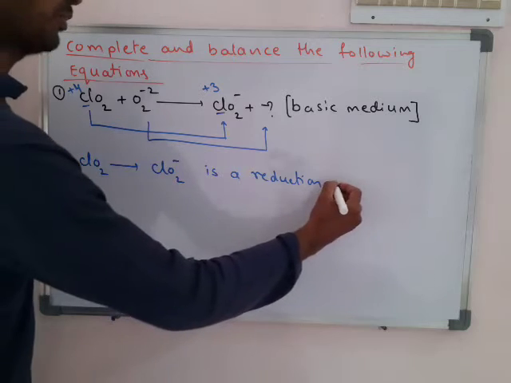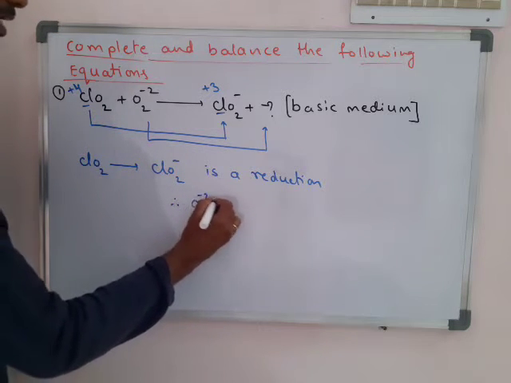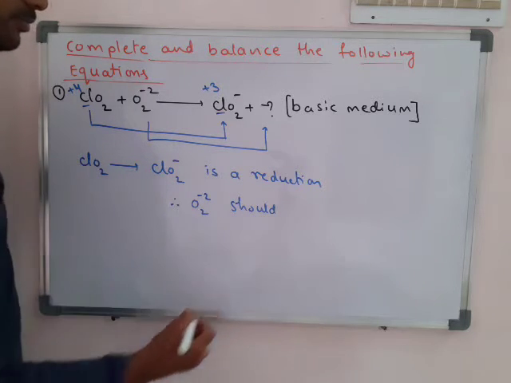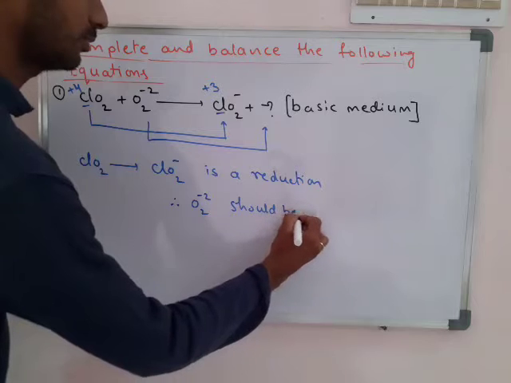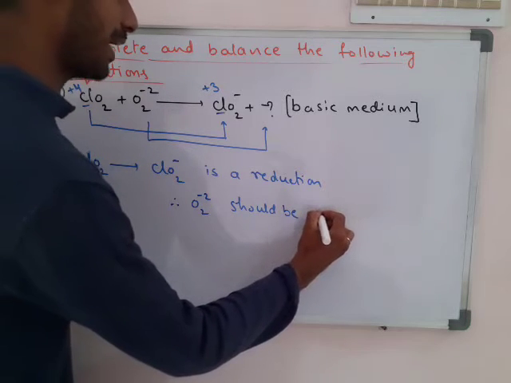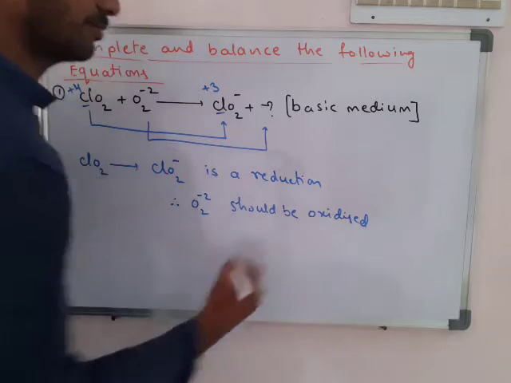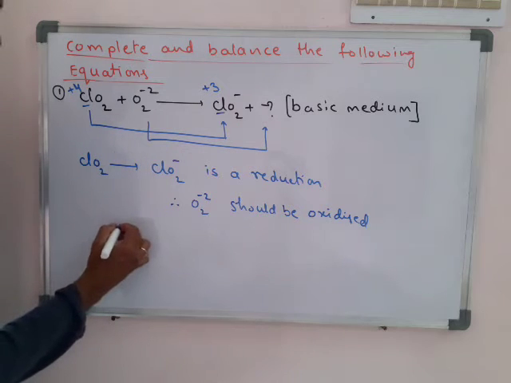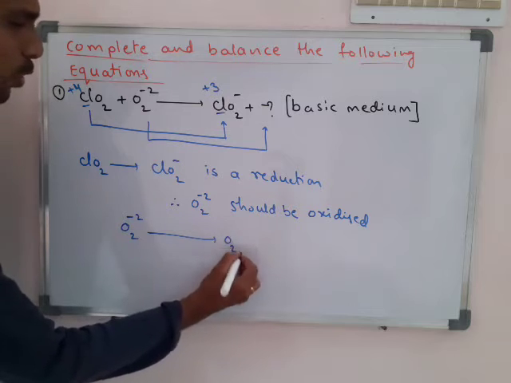So therefore O2 2- should be oxidized. It should be oxidized. So oxidized means therefore what is the change? We can write that O2 2- becomes O2.